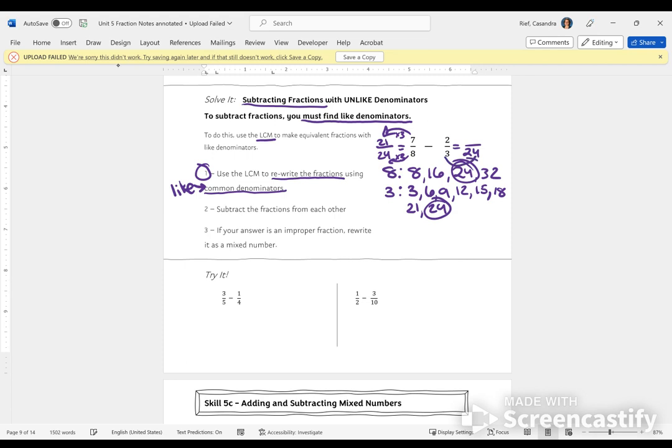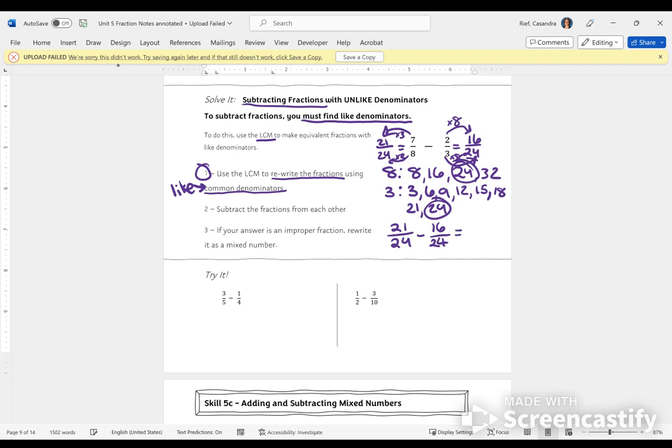To get from 3 to 24, I had to multiply by 8. So I'm going to multiply my numerator times 8. 2 times 8 is 16. Now that I have these new fractions, I'm going to rewrite my subtraction problem with these common denominators. I have 21/24 minus 16/24.